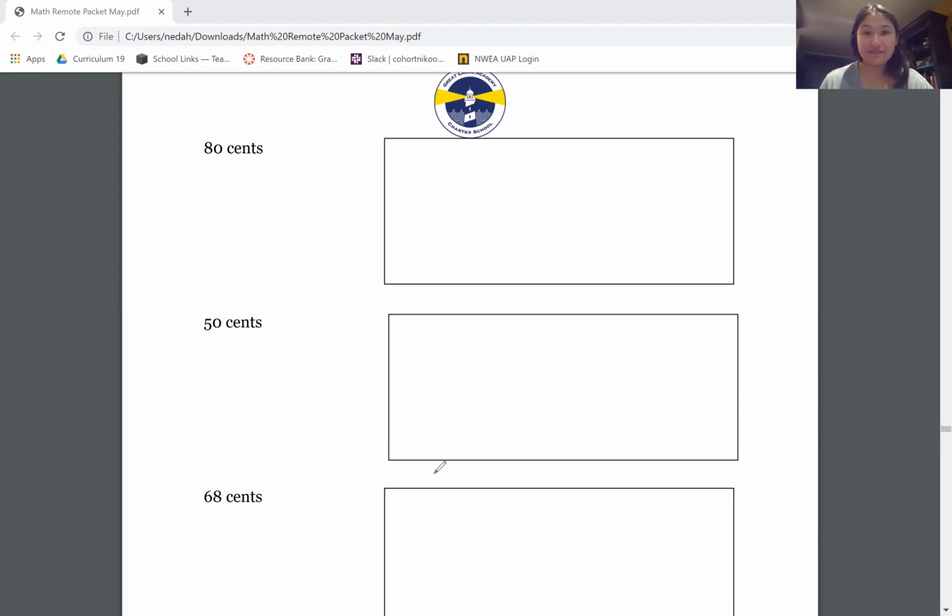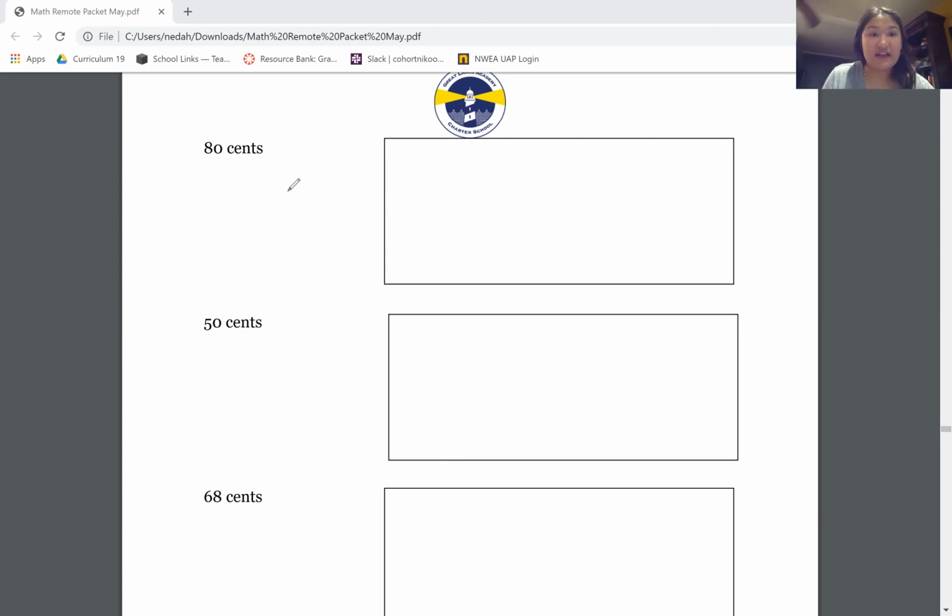But we'll get there. So first, let's remember how much is a dime worth. A penny is, a nickel is, a dime is, and a quarter. So a penny is, and a dime is.